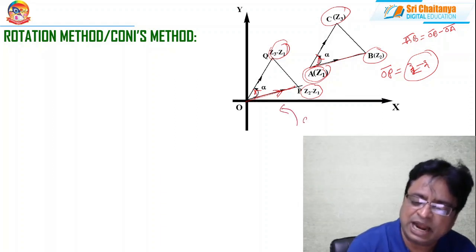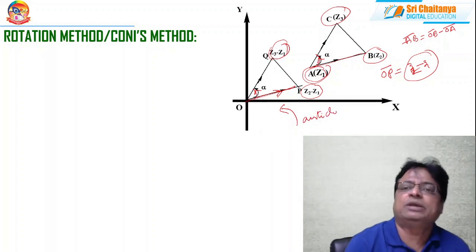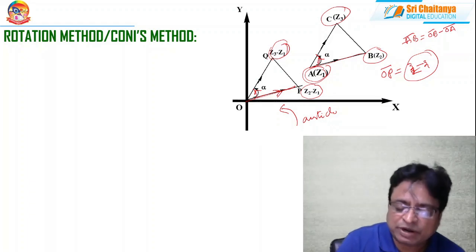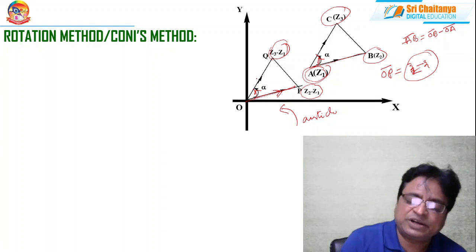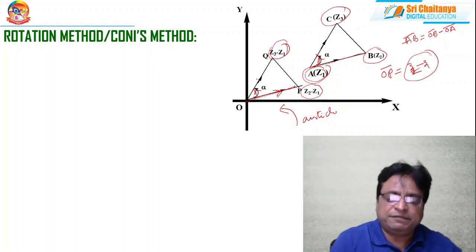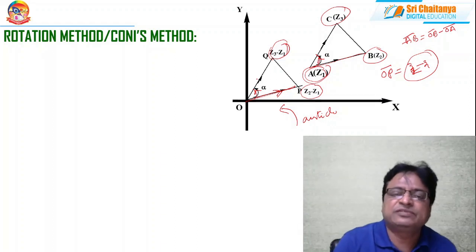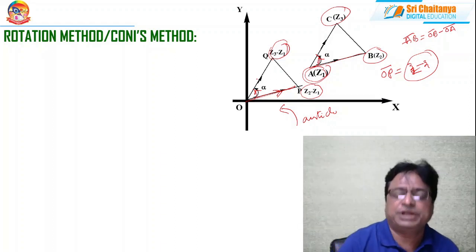This is called the anti-clockwise direction. Then with respect to this OP, how can I represent OQ is the question. So with respect to one vector, how can we represent another vector if there is some angle formed between them? That is the concept of the rotation method.